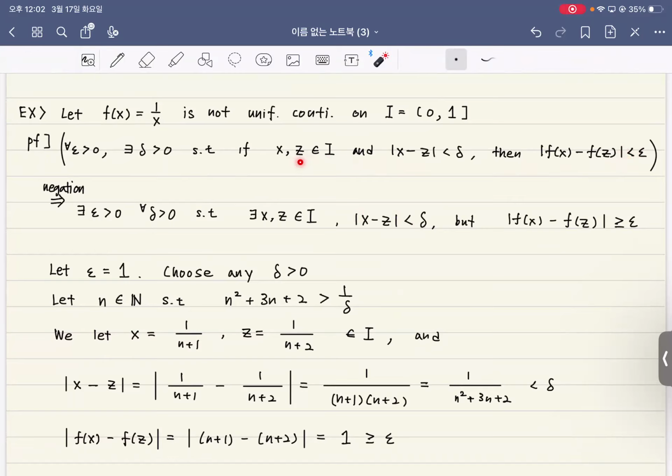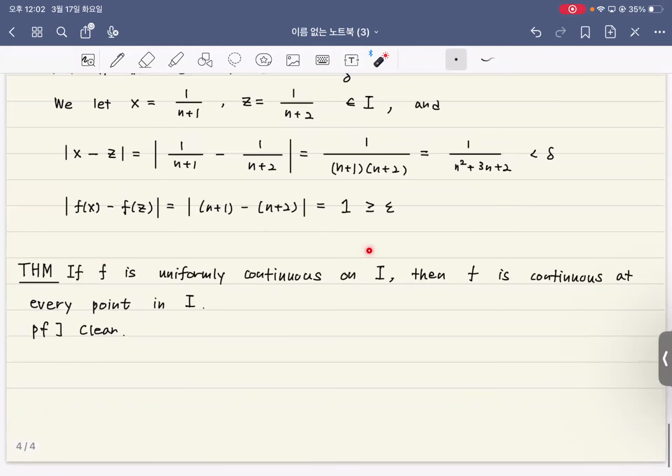So once you change z to a fixed point, say c, then if x is close to c by less than delta, the function value at x minus the function value at c is less than epsilon. This is precisely the definition that f is continuous at the point c. Therefore, if f is uniformly continuous, then f is continuous everywhere. However, the converse is not true because of the previous exercise.